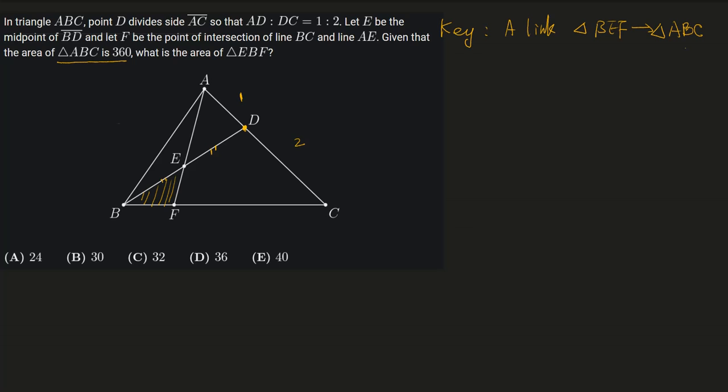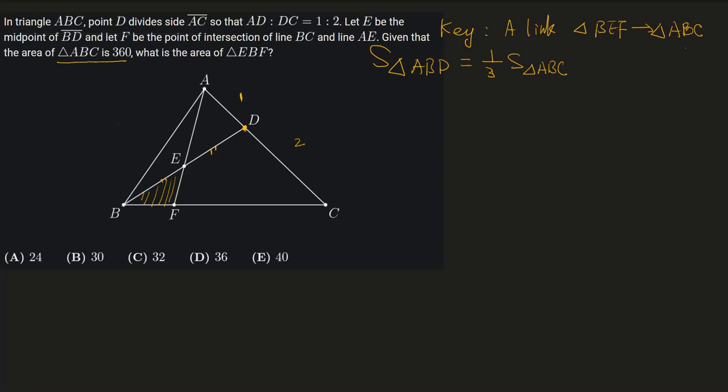For example, let's start from something simple. Let's look at this triangle, triangle ABD, right? We certainly know that the area of this triangle equals 1/3 of the area of triangle ABC. How is that?